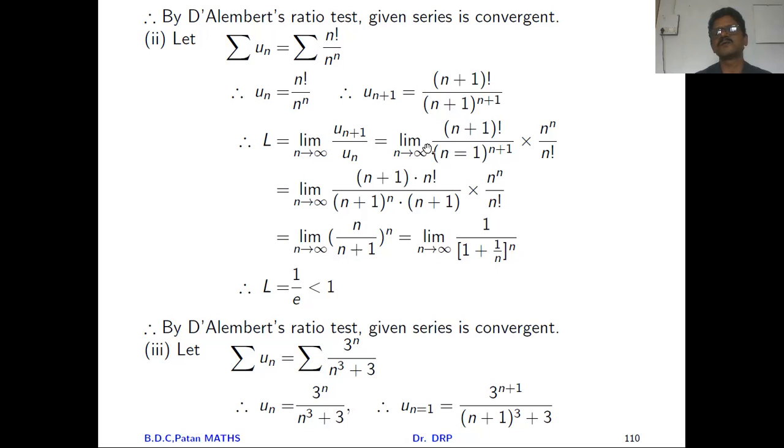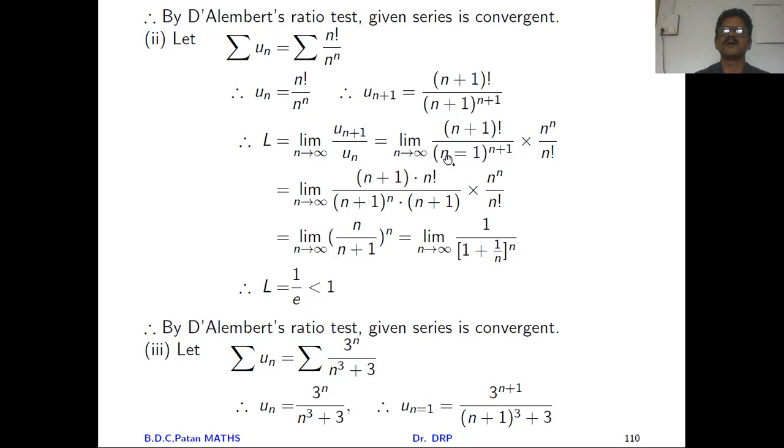Here un plus 1 is this term, into 1 upon un. Taking the reciprocal, you get n raised to n upon n factorial.